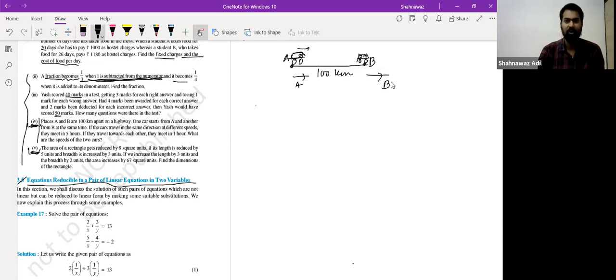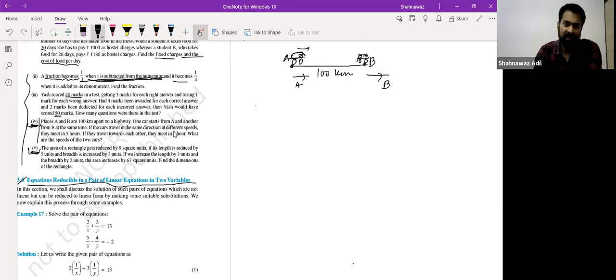So then to meet at some point, they will take a longer time, because they are chasing each other. So the speed will be lesser. The comparative speed will be lesser, so they will take a longer time, right?